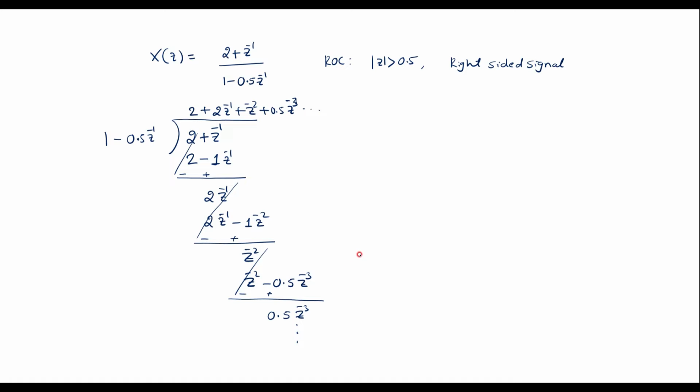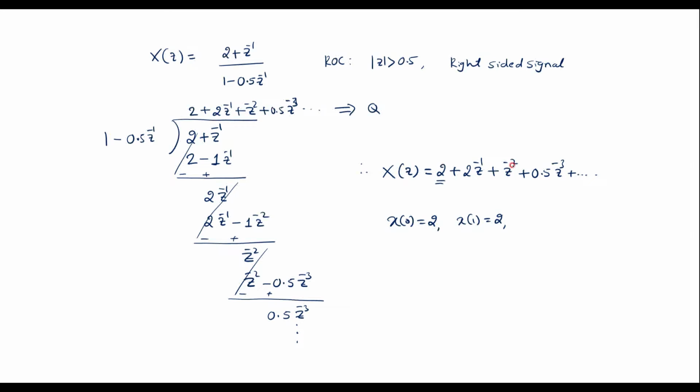So now here we are supposed to consider the quotient. That is, x of z is equal to the quotient, given by 2 plus 2 z inverse plus z power minus 2 plus 0.5 z power minus 3 plus and so on. So the first term is x of 0, which is equal to 2. The coefficient of z inverse is x of 1, which is equal to 2.